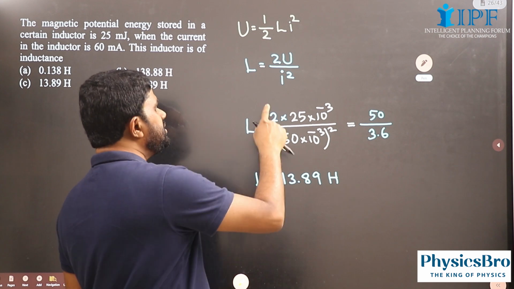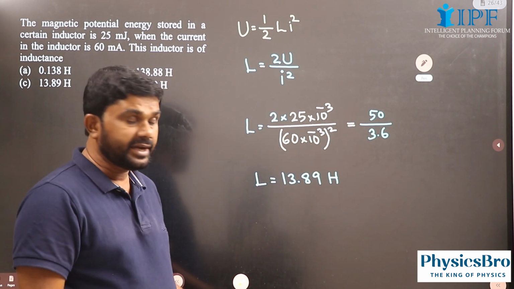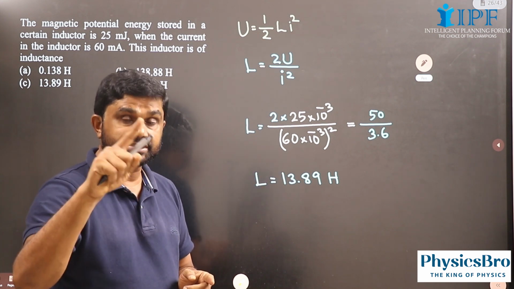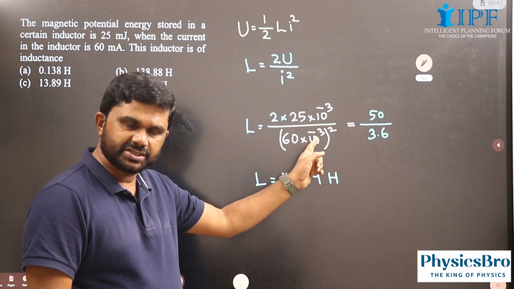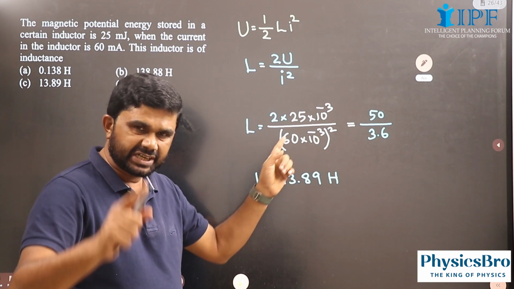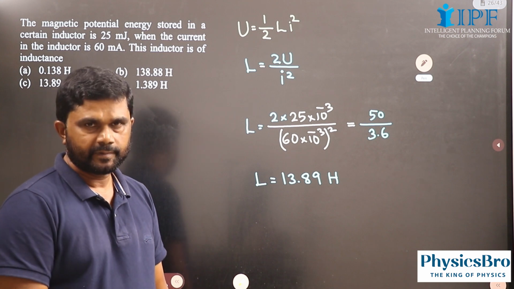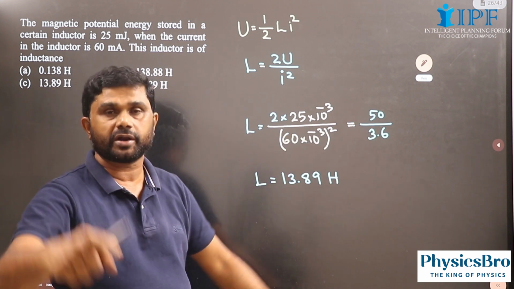Okay, then in the numerator 2 into 25 is 50, and in the denominator 60 square into 10 raised to minus 3. 60 square is 3600 and only one 10 raised to minus 3 remains in the denominator. So 3600 into 10 raised to minus 3 will be 3.6. See, if it is 50 by 4, it is 25 by 2 or 12.5.